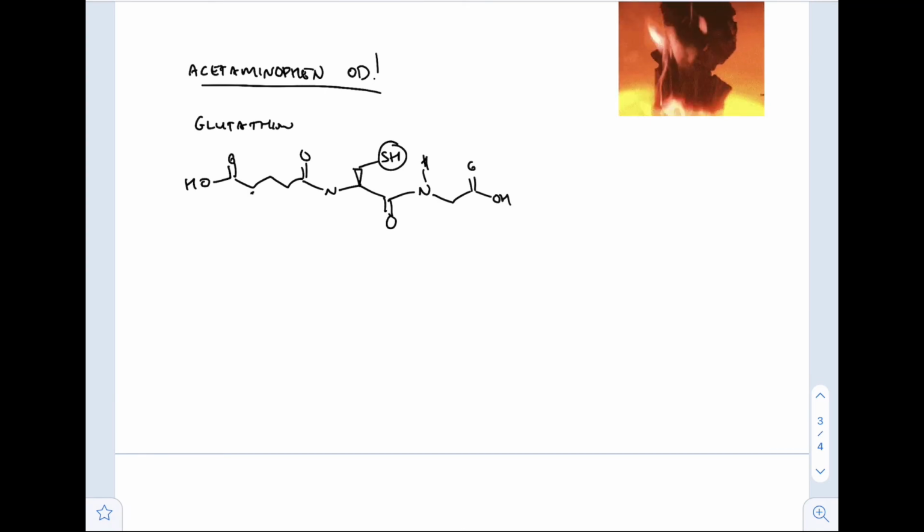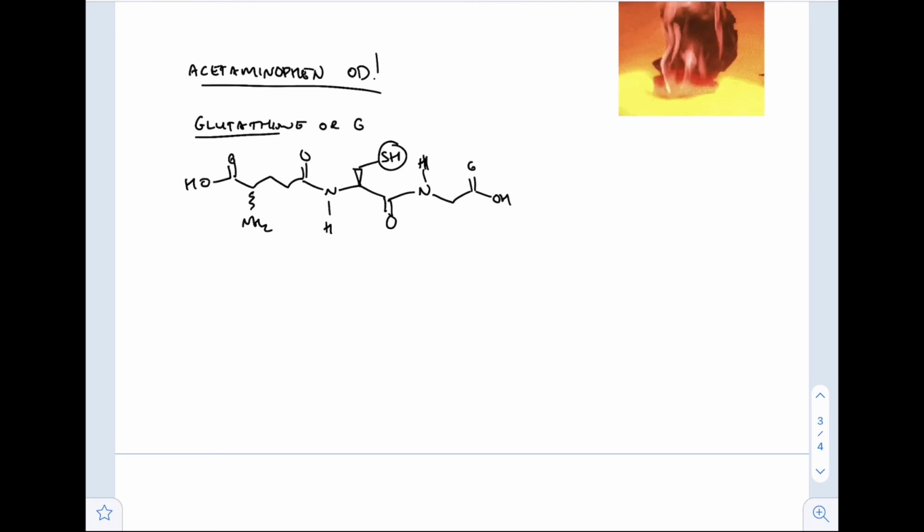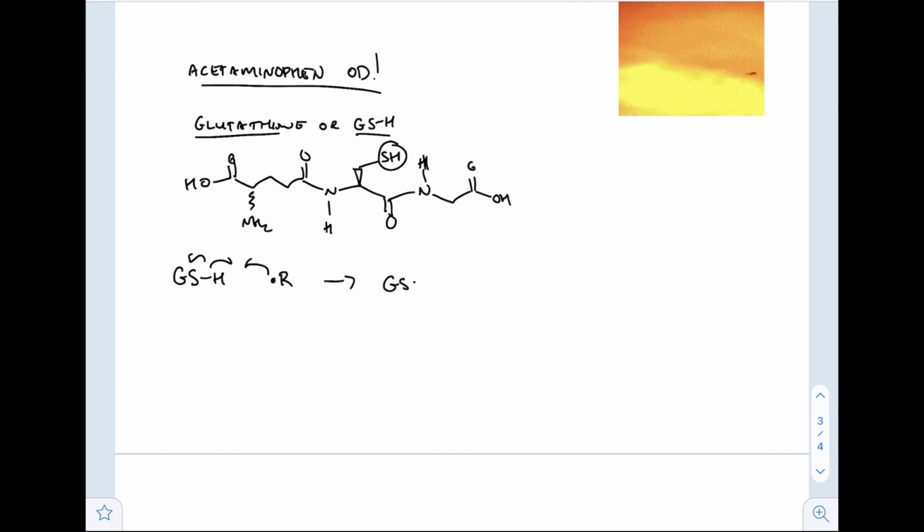Drawing this big old thing out here, really all we care about is that thiol there that I've circled. There's the structure of glutathione, abbreviated GSH. That H is the hydrogen that's bound to the sulfur, and that is definitely an easy hydrogen atom to remove.